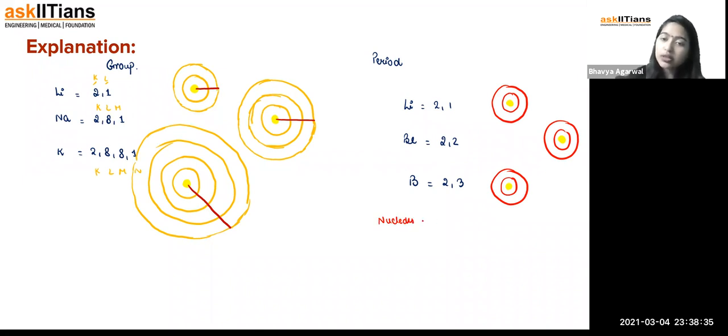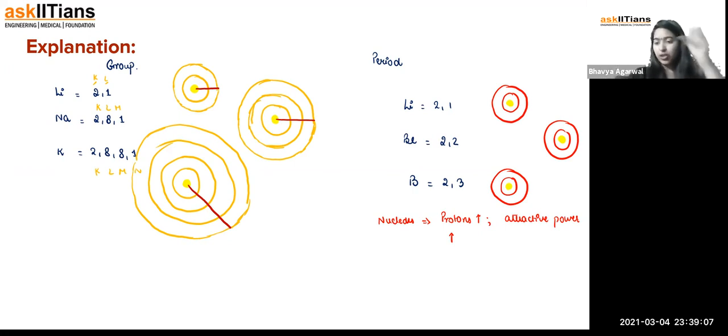The nucleus, after having more protons, as the protons increase, its attractive power will increase. Yes or no? As the number of protons increases, the attractive power of the nucleus will also increase, right?